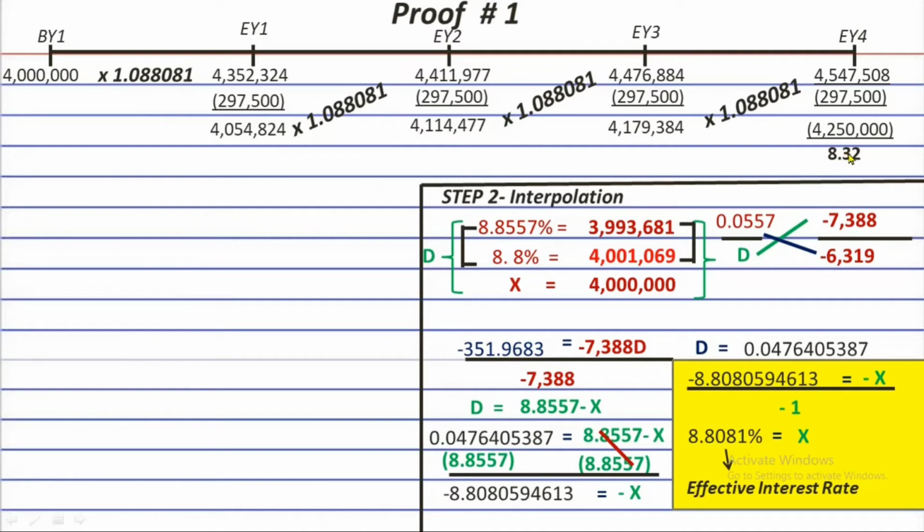Well, it's not zero, but 8.32 is very immaterial.